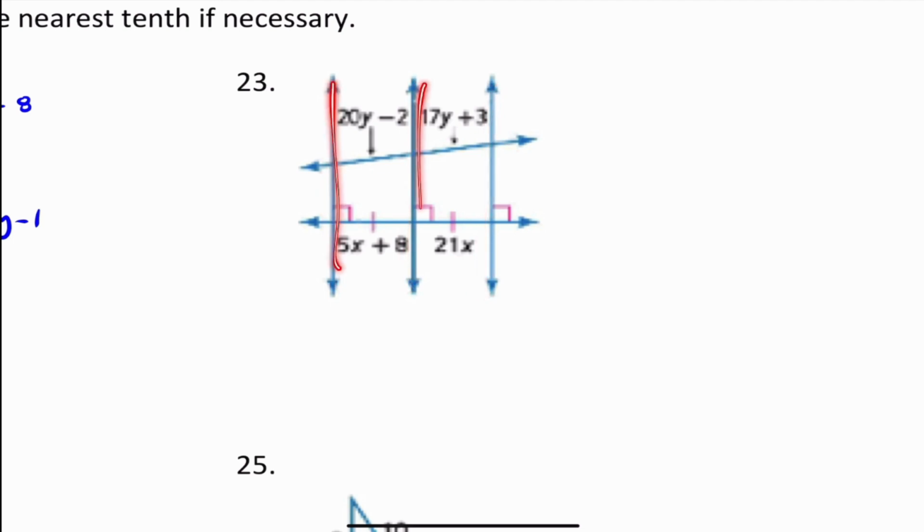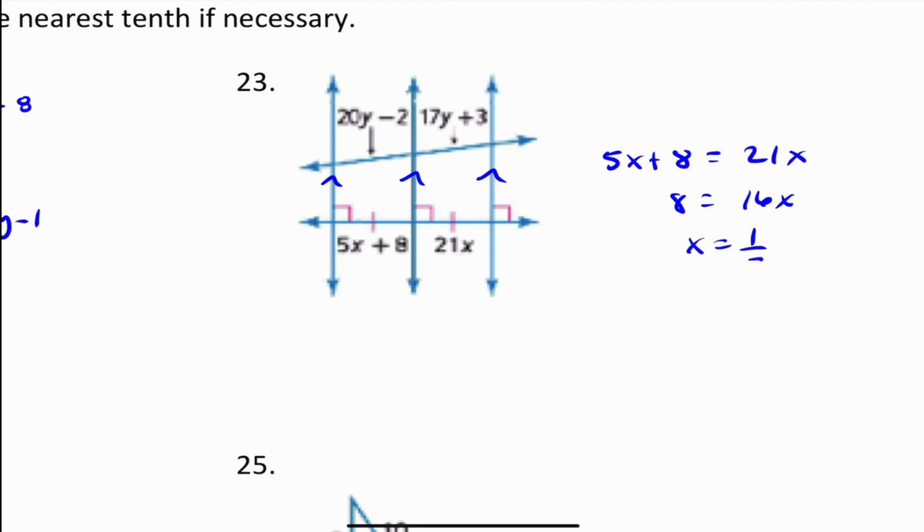Therefore, these lines have to be parallel to each other. So now I can take these 2 segments, equal them to each other, and I get 8 equals 16x, so x is 1/2.